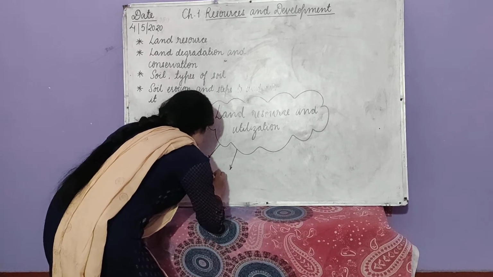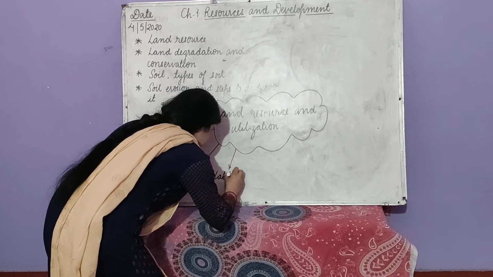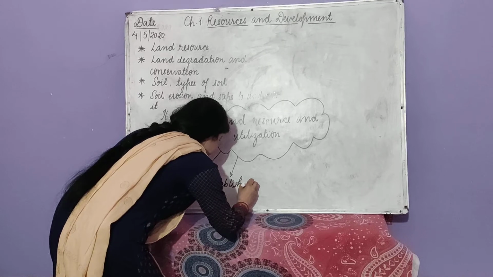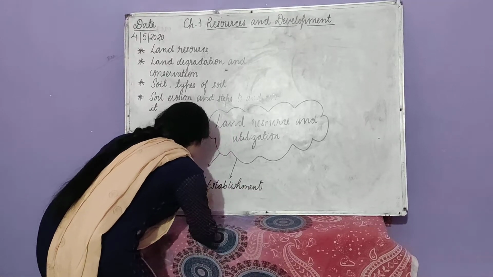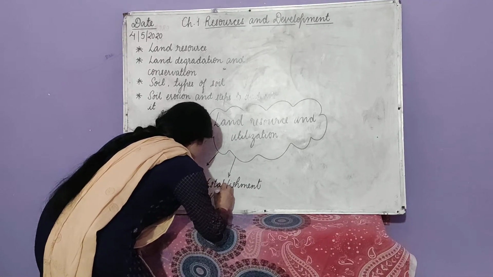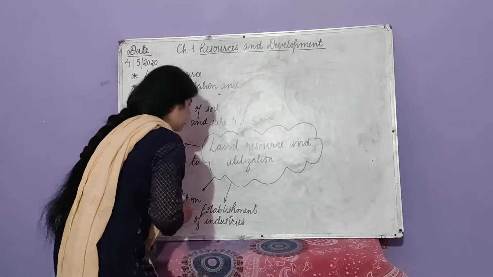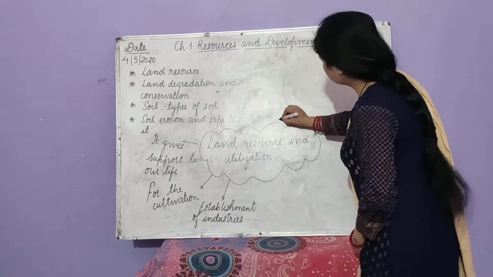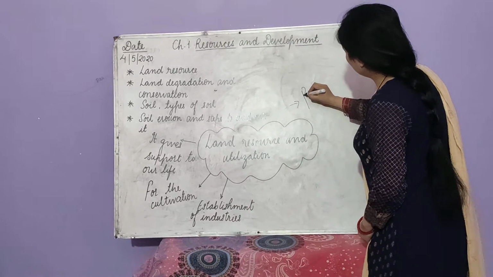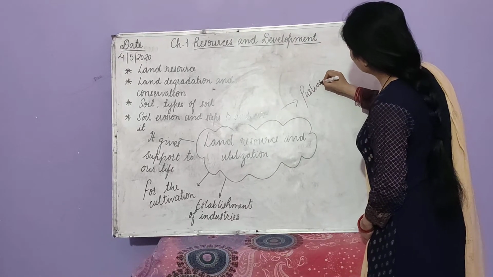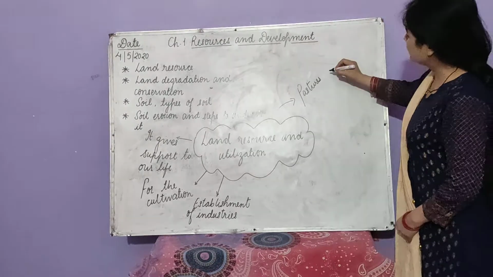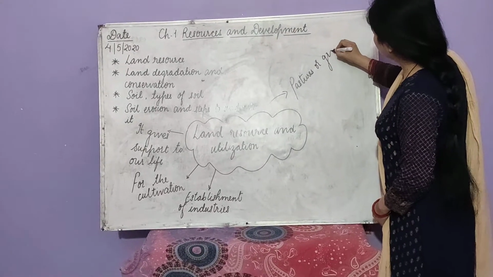For the establishment of factories and industries. Next, for pastures or grazing lands for animals.